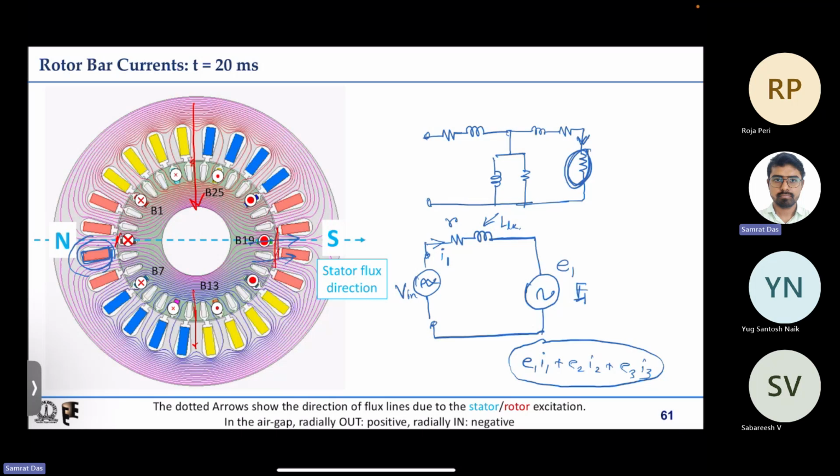Whatever we have seen, the bars will have induced EMF, and that is this induced EMF. For simplicity, let us consider the case of the wound rotor, and say it is the induced EMF E2 of one of the phases. Now again, all the rotor bars will also have some leakage inductance.